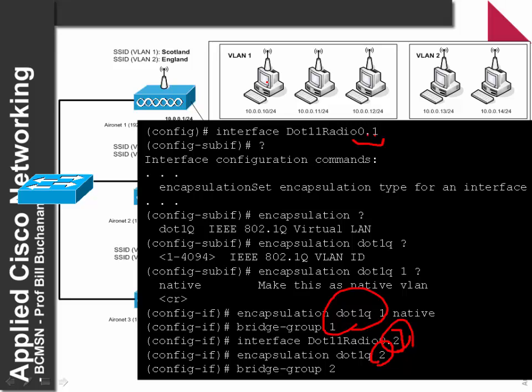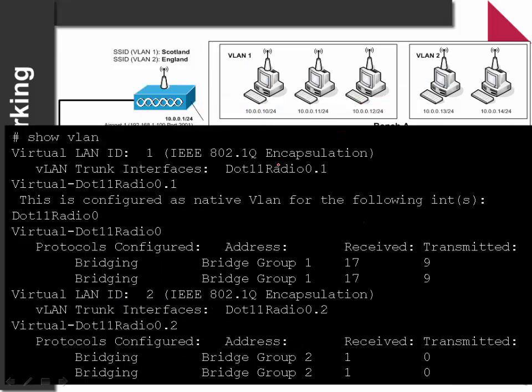So nodes which connect to this SSID will be allocated to VLAN 1, and for this SSID will be allocated to VLAN 2. Then when we look at our VLAN information inside the AeroNet, we can see that we have two virtual interfaces for our connections using 1Q encapsulation.